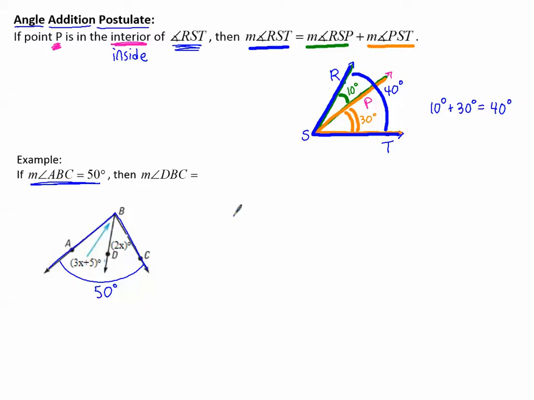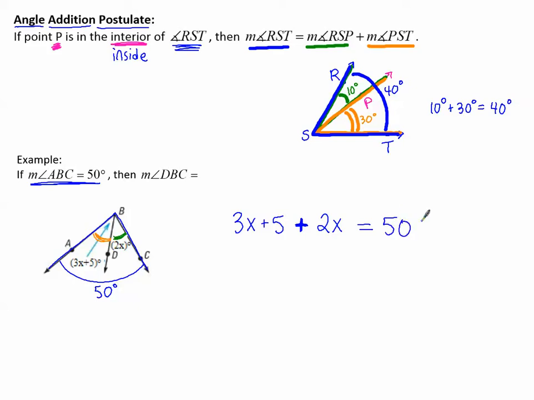So that's what we will do. 3x plus 5, that's this angle right here. Adjacent to it is the angle that says 2x degrees. So we will add the angle adjacent, 2x, and altogether it equals 50 degrees.